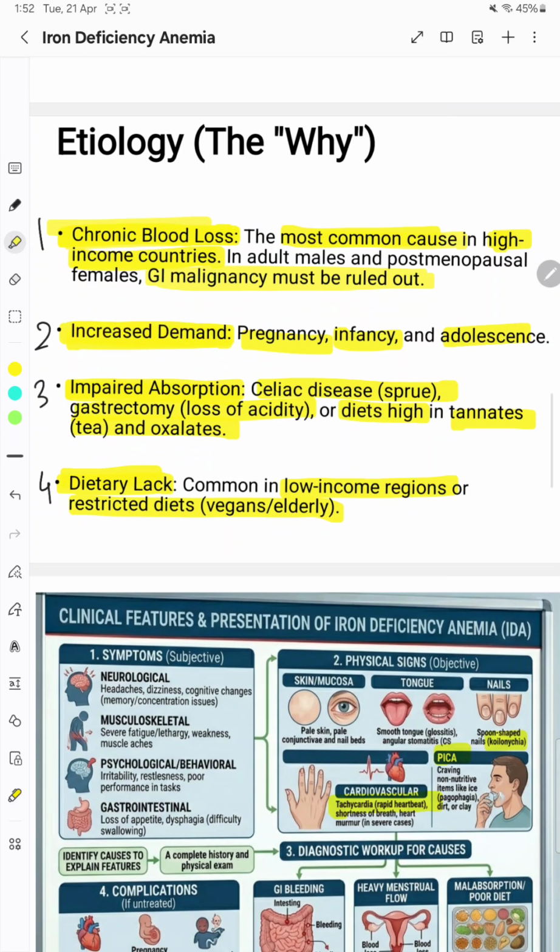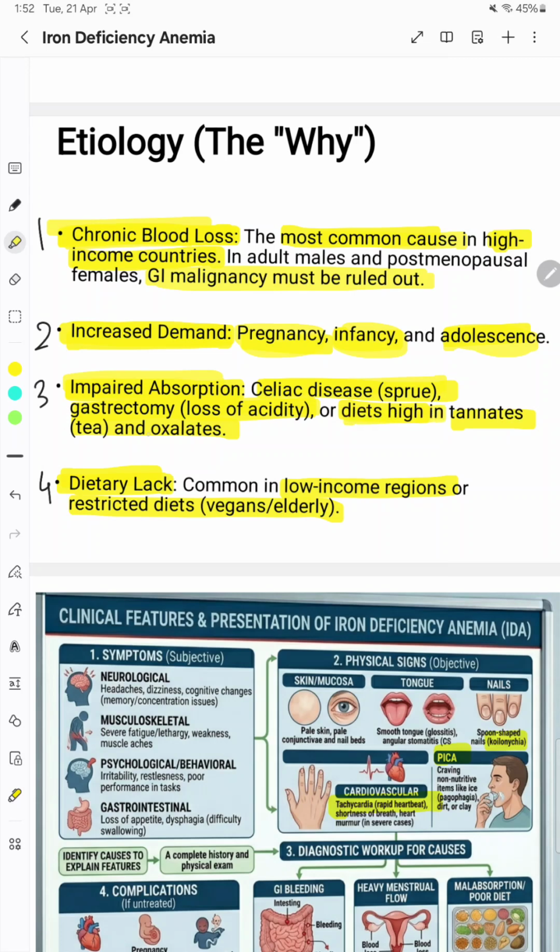Second category is increased demand of iron. This is particularly seen in pregnancy, infancy, childhood and adolescence. Because of the growth, there is increased demand of iron. Third is impaired absorption. Iron absorption is defective in conditions like celiac disease and gastrectomy, due to loss of acidity, which promotes iron absorption.